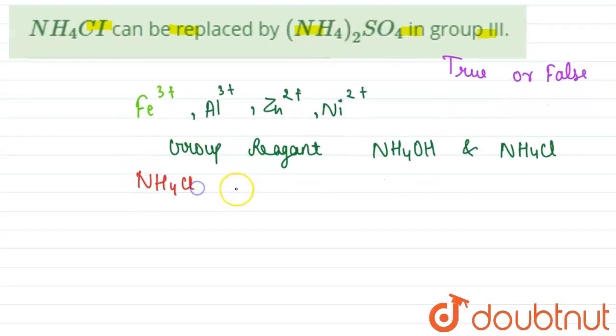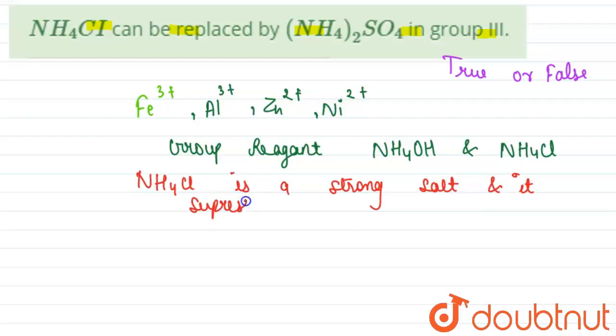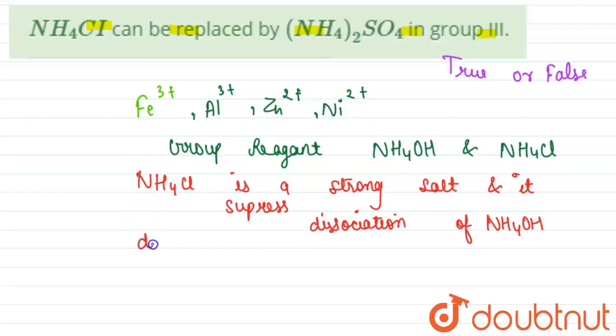NH4Cl is a strong salt and it suppresses dissociation of ammonium hydroxide due to presence of common ion NH4 positive.